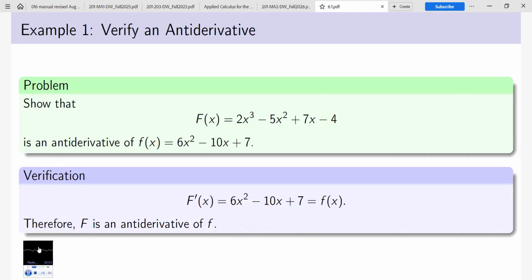All you need to do is differentiate each term of uppercase F. The derivative exactly matches lowercase f, so the verification is complete. Pretty easy, unless you forgot how to differentiate.